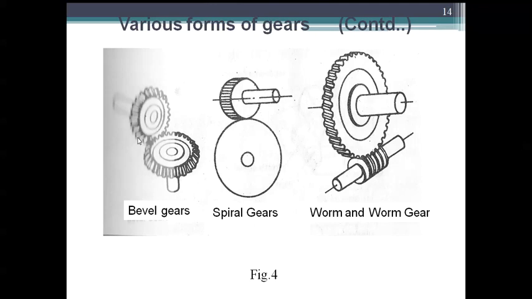These bevel gears are used for power transmission between shafts which are perpendicular to each other. Here both shafts are perpendicular to each other. And next one is spiral gears.